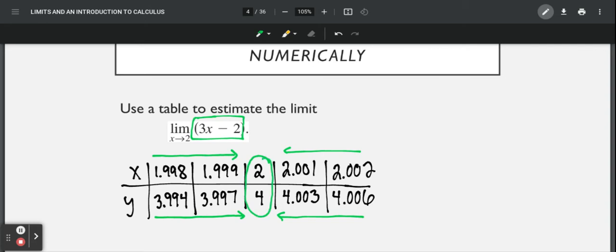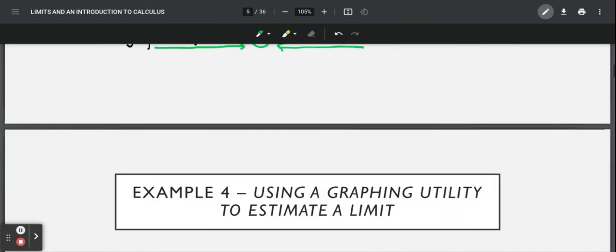So when x is 2, your y value is 4, and we would be able to say that the limit as x approaches 2 of 3x minus 2 is 4. As your x values approach from the left and the right, your y values are both getting closer and closer to 4. All right, so moving on.